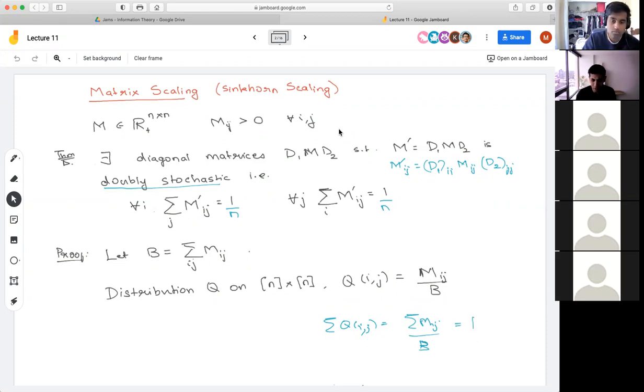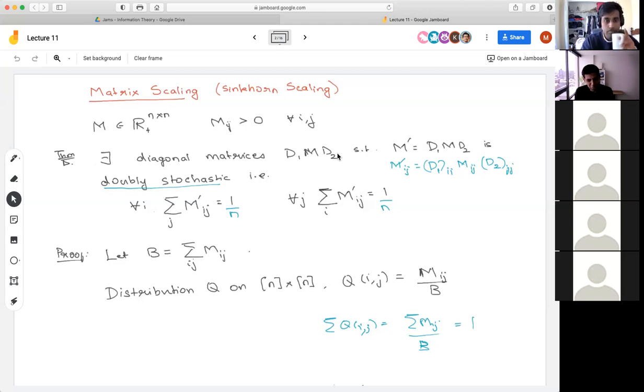And so we get a distribution. So another way of saying it is that we now have a distribution, which is this matrix, and the distribution can be thought of as on i, j pairs. For every i, j, we have a probability written in that box of the scaled matrix.